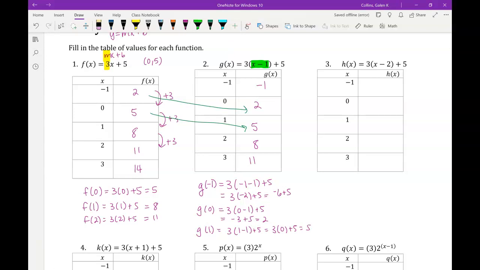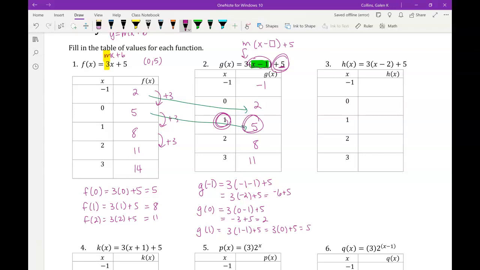But this is in a form where I have my slope, I have an expression for x, but this time it's x minus something, and then I have my plus 5. So because this is x minus 1, 5 is not my y-intercept, but what this actually tells me is that when x is equal to 1, right here, that 5 is my output.